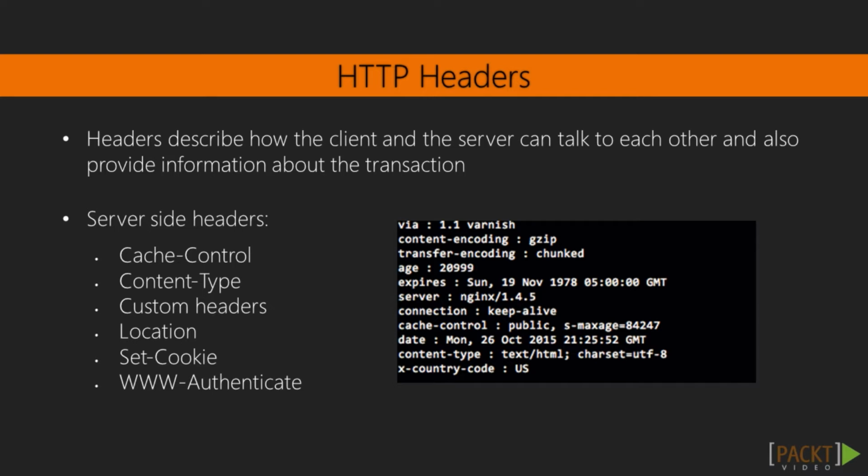Set-Cookie is the header used to set a cookie in the user's browser. WWW-Authenticate is used by the server to request authentication. When the browser sees this header, it will open a login window asking for the username and password.